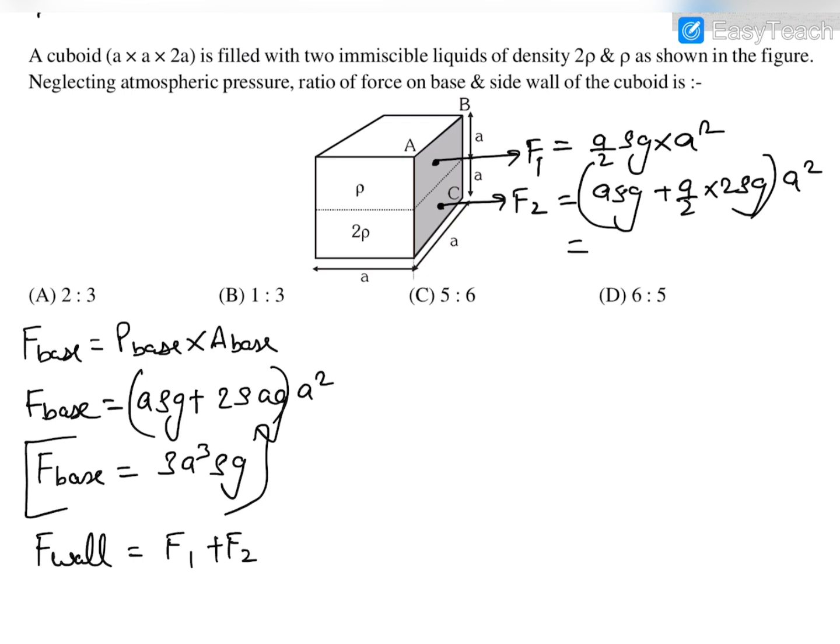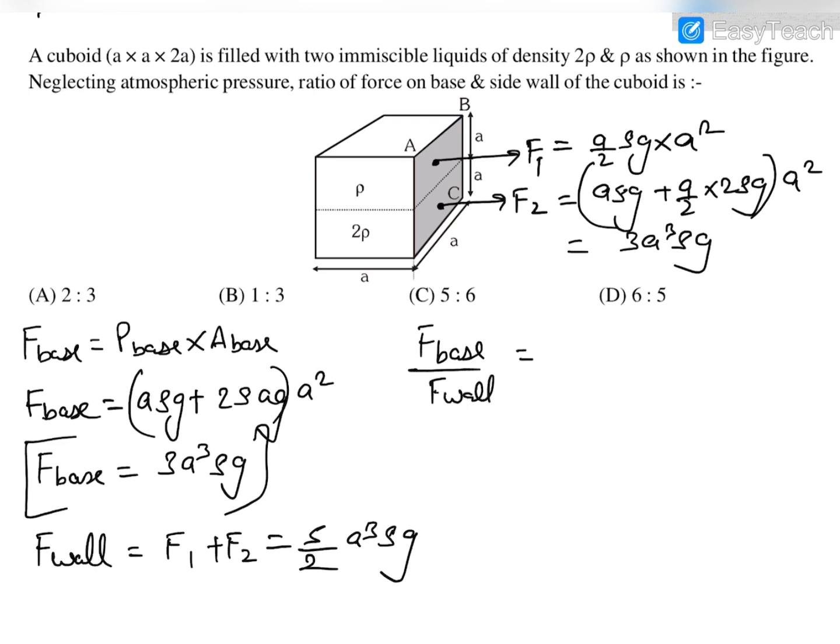So this would be 3A cube rho g. Okay, and the total force F wall will be 5 by 2 A cube rho g. Now if we find out the ratio of F base upon F wall, then you can see that this ratio will be 6:5. So the correct answer will be D.